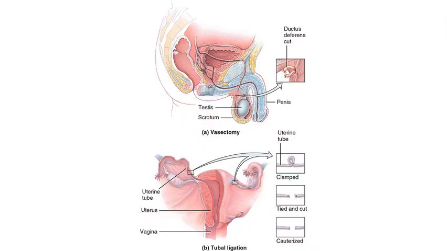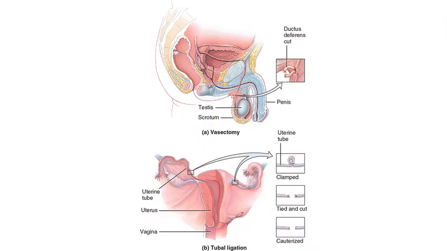So although sperm production is continuing in the testes, sperm can no longer reach the exterior. It's like it's hit a block in the road. Because of this, the sperm become destroyed. They degenerate by phagocytosis. Because the blood vessels are not cut, testosterone levels in the blood remain normal.